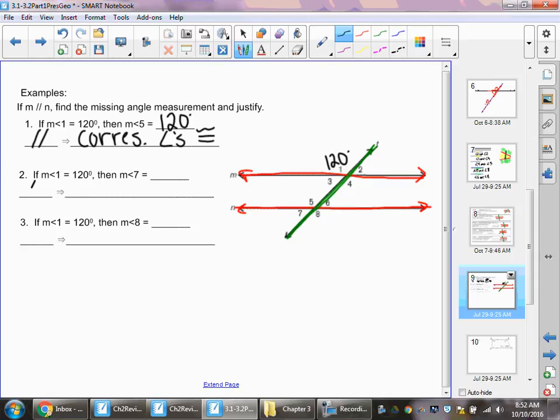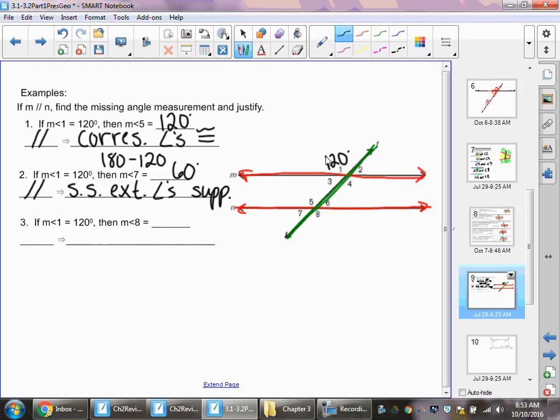And what I know about same side exterior angles is that they are supplementary. So to figure out the measure of angle 7, I take 180 minus 120 to get 60 degrees for the measure of angle 7.